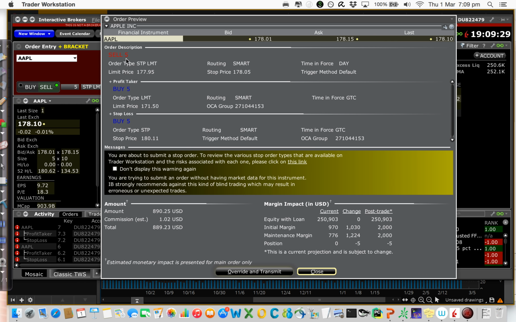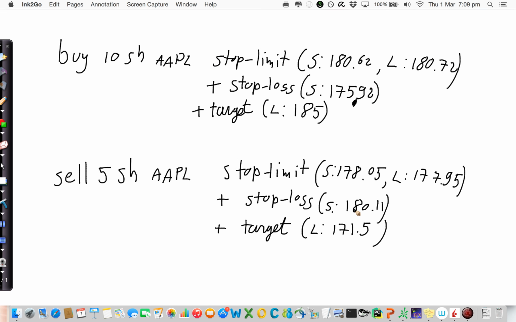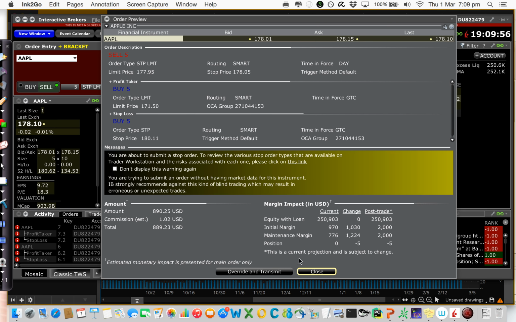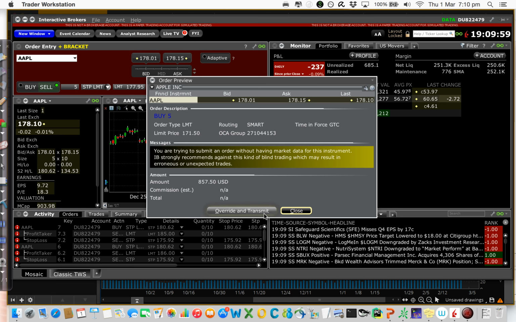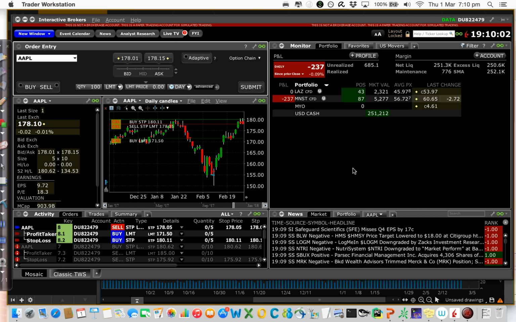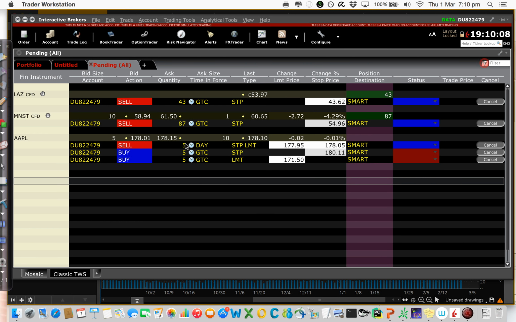So we have sell 5 shares, stop price under 78.05, limit price under 77.95, stop loss is under 80.11, okay, good deal cancel, and profit taker is under 71.5, and yes, okay. So fine, if we are okay with that, we confirm, and again we can see it here where we can modify.